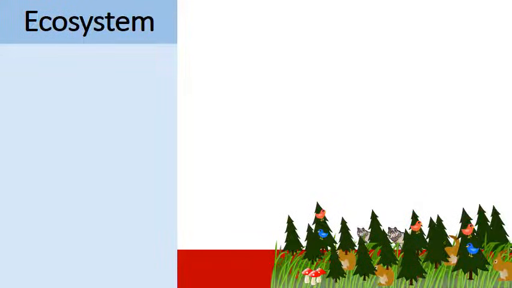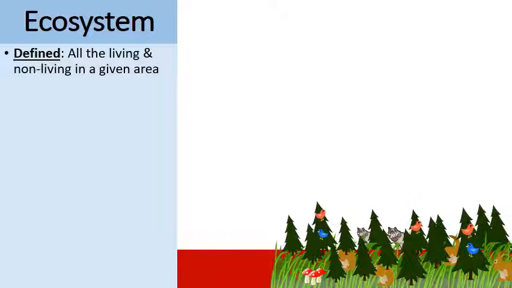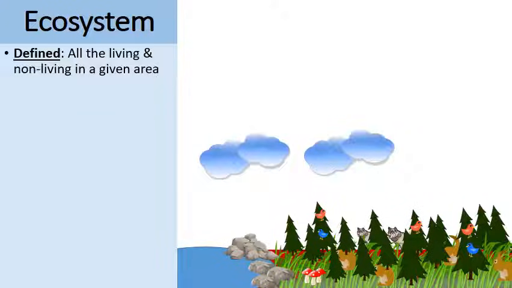Let's flip the page to the next higher level called an ecosystem. And this is not just the living, but also the non-living parts of an environment. Here we have everything that we've seen before, but let me add some rocks, and let me add a pond, and let me add some moisture in the sky in the form of clouds, and let's add the sun shining on a nice sunny day.